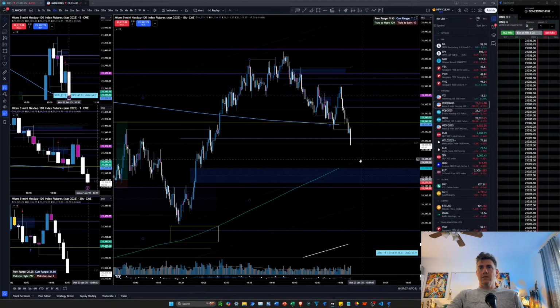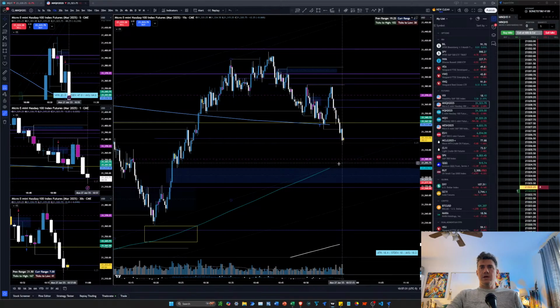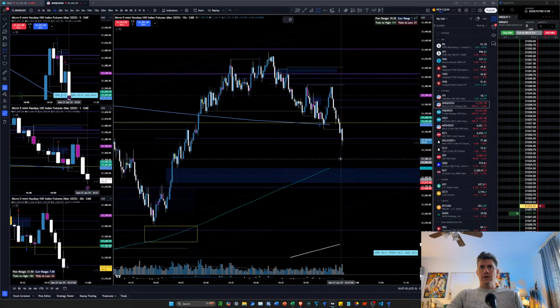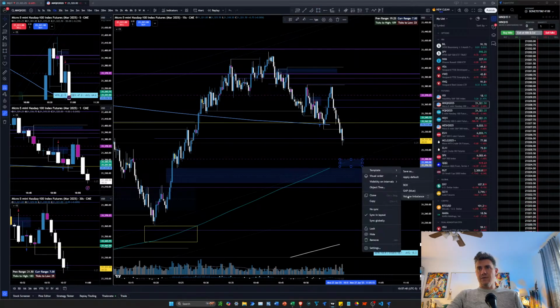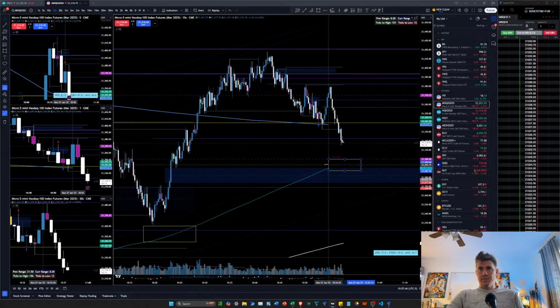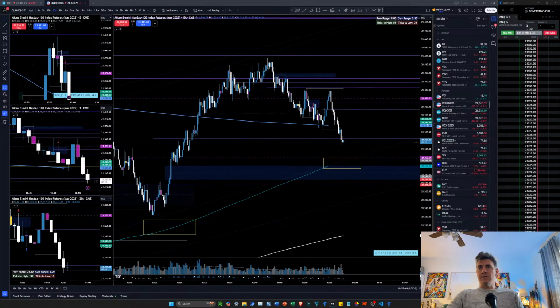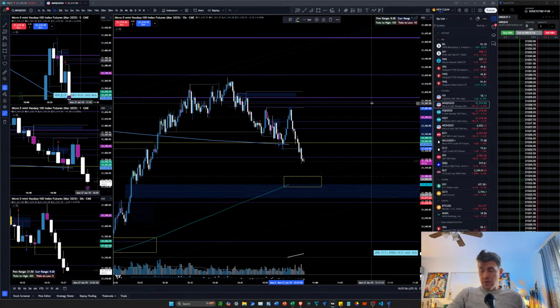Now, psych level, bottom of the channel, 20 SMA, all lining up. The level is stacked with confluences. But now you need a trigger. By the time we get to this level, it all depends on if we get a trigger. So let's just see what price wants to do.